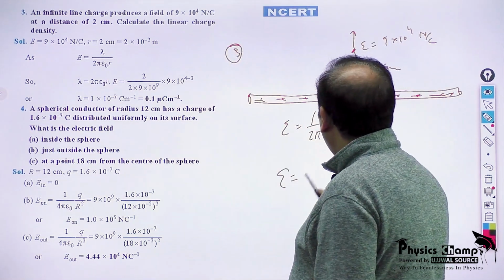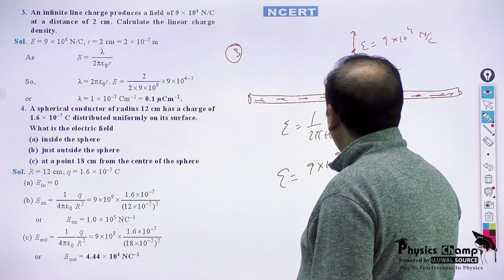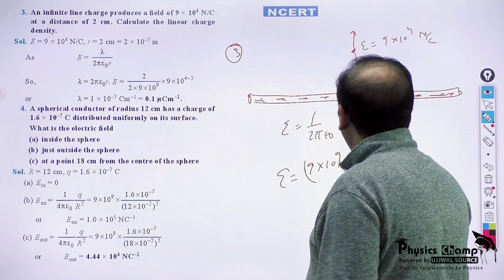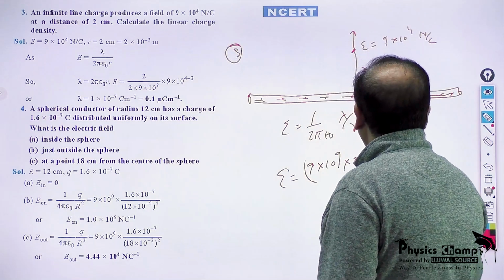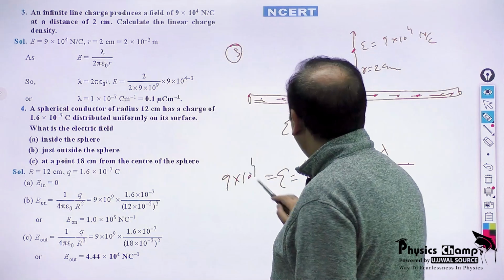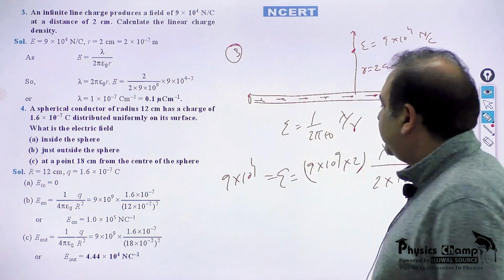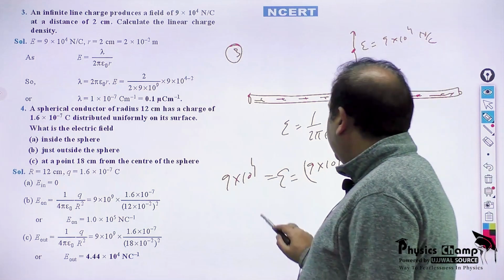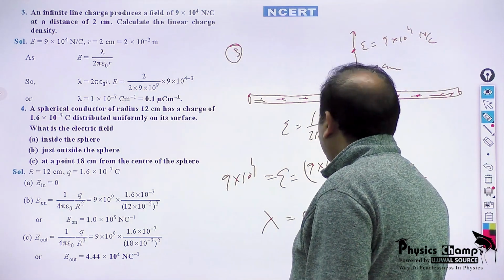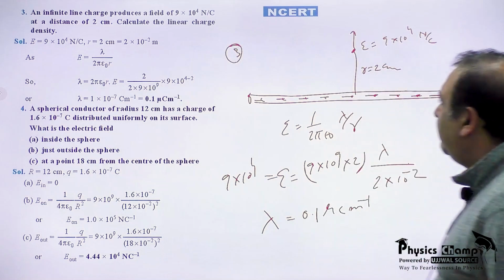So it is 9 into 10 to the power 9 into 2, and lambda we wanted to know, and electric field has a value 9 into 10 to the power 4, and r is 2 centimeter. So we can find the linear charge density, it is 0.1 microcoulomb per meter from here.